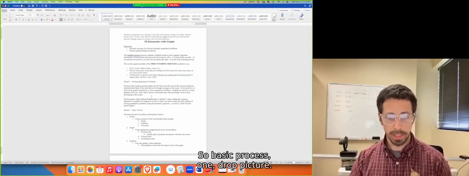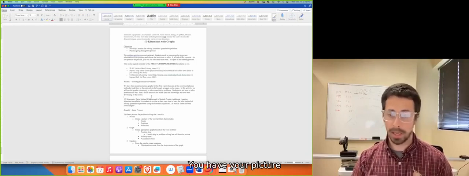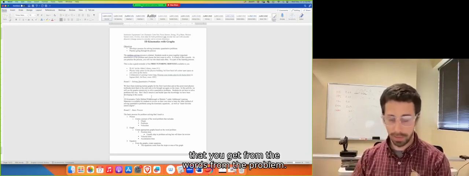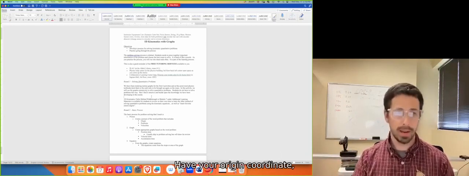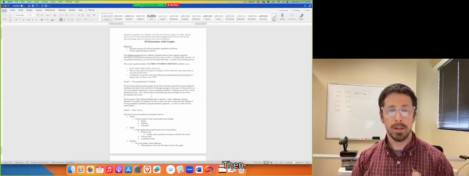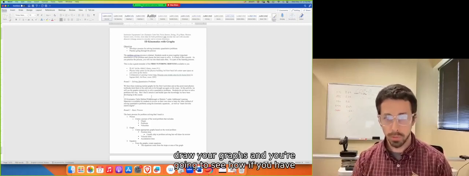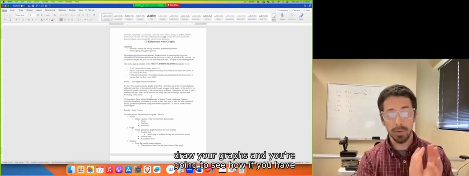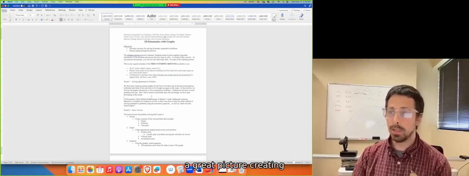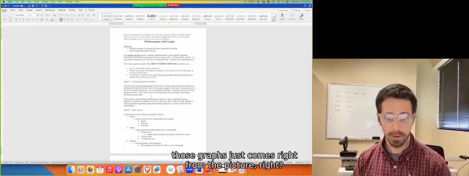Okay, so basic process. 1, draw a picture. We've been doing that for a while. You have your picture that you get from the words of the problem, have your origin, coordinate axis, positions, velocities, right? Then from that, you can draw your graphs. And you're going to see how if you have a great picture, creating those graphs just comes right from the picture, right?